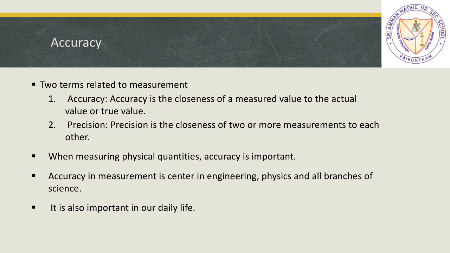So when we take the mass of gold, the measurement should be very accurate. Such accurate measurements are used in our daily life, as well as in scientific research and science branches.